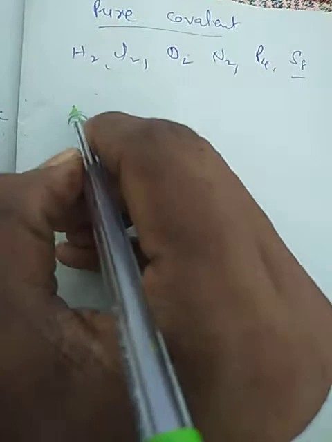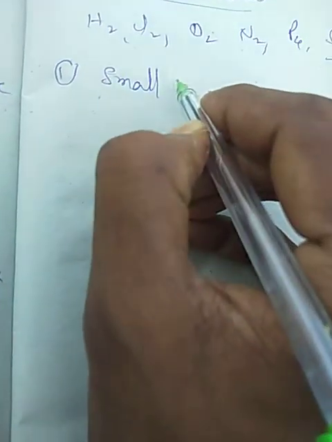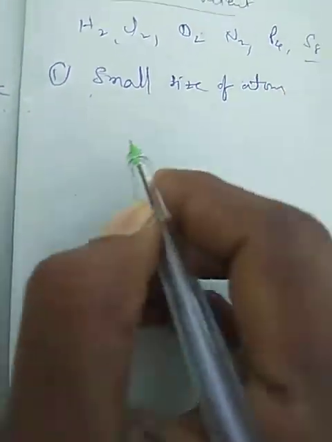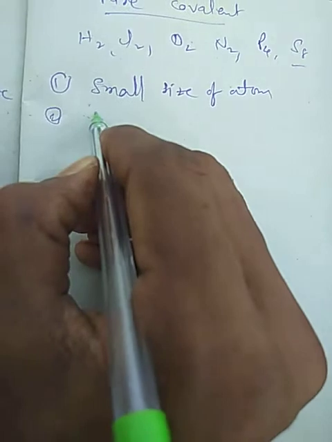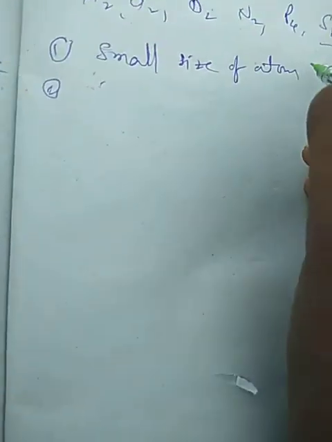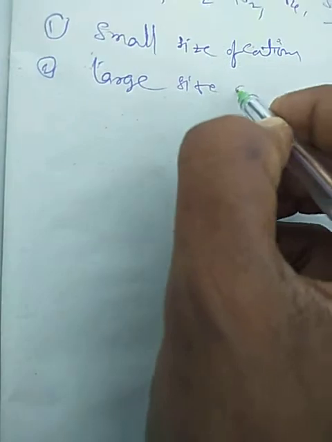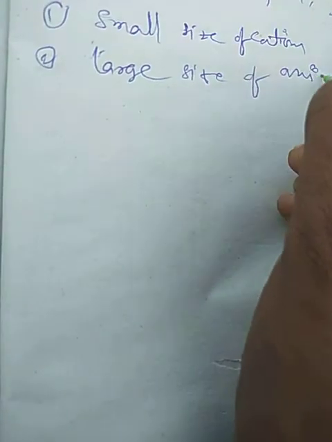Now, what are the factors affecting the covalent bond? First factor is small size of atom. Second one, small size of cation and large size of anion.